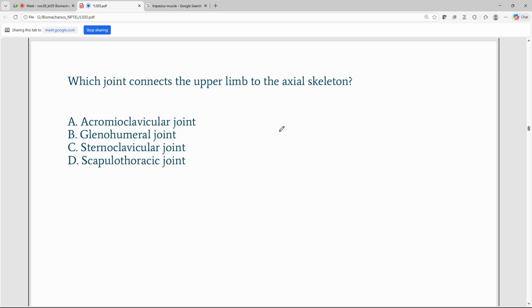Next question, which joint connects the upper limb to the axial skeleton? We discussed that question a few questions back.